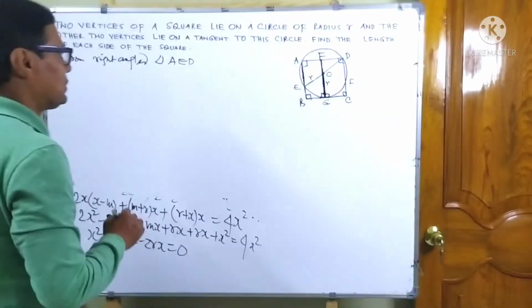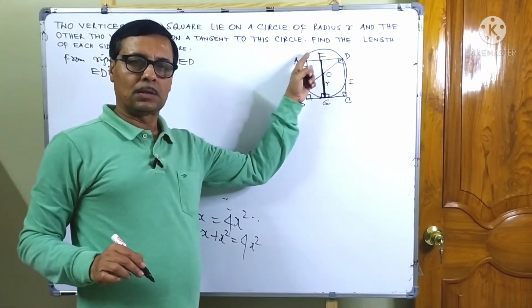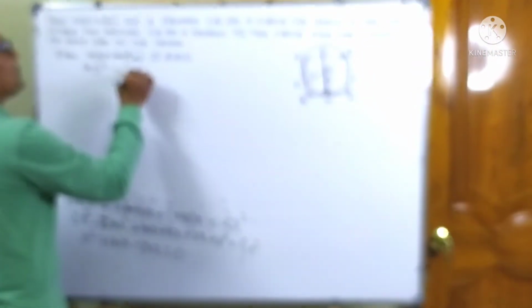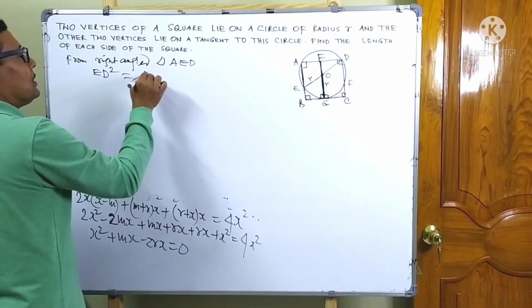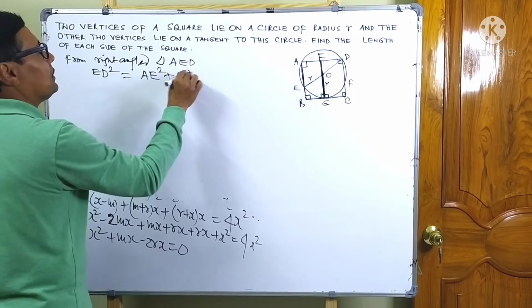So, we can write the square of the hypotenuse, that is ED square, is equal to the sum of the squares of the other two sides of this right angle triangle. The other two sides are AE and AD. The sum of the squares of the other two sides is AE square plus AD square.